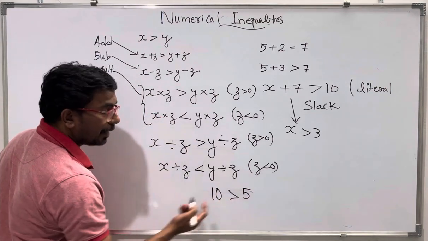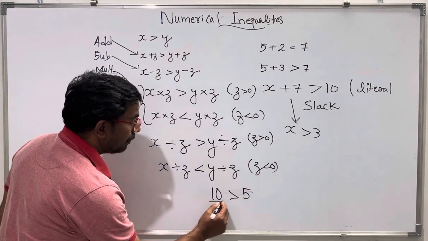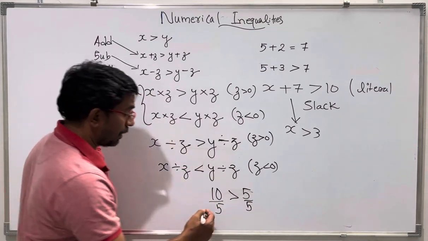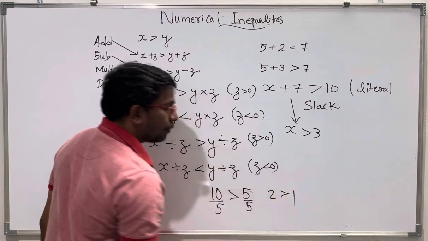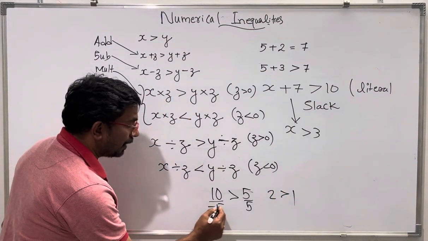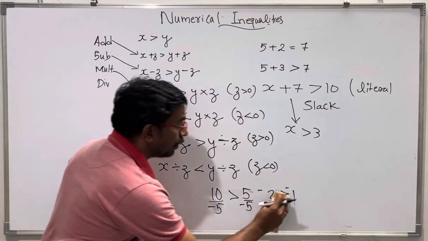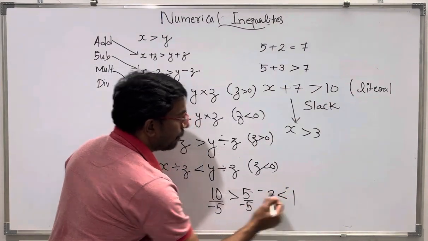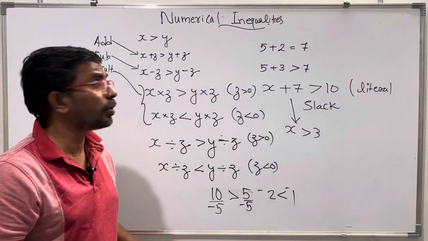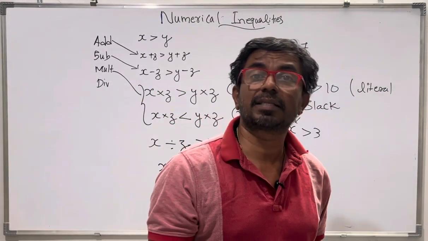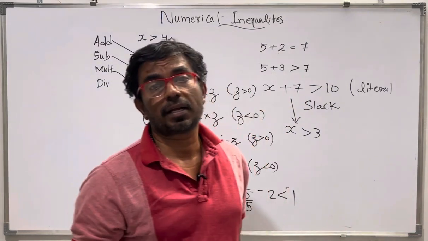If you divide by 5 on both sides, a positive number, you will get 2 greater than 1. Suppose you are dividing by a negative number, then you have to flip the sign. So in short, what I have said is that in addition and subtraction, you can add the same real number on LHS and RHS.